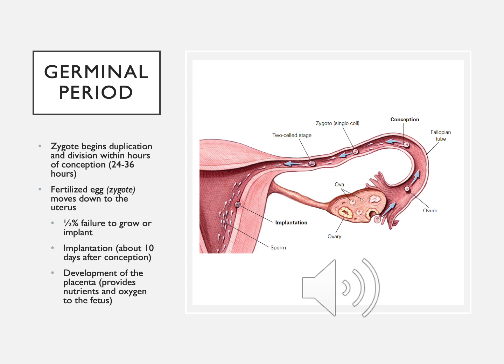So the placenta is a temporary organ that helps to connect the fetus to the uterine wall. And we see that the placenta provides nutrients and oxygen to the fetus so that they can get everything they need during the 3 phases of pregnancy. And we also see that there is an amniotic sac and umbilical cord. So the umbilical cord will connect the embryo during the embryonic period to the placenta.